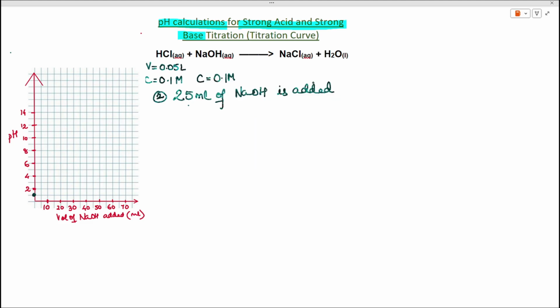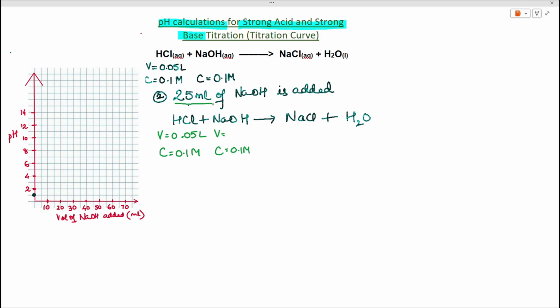So now we are taking the second part where we are adding 25 ml of NaOH to HCl, and the concentration of NaOH given to us is 0.1 molar. And because the volume of NaOH added is 25 ml, in liters it's going to be 0.025 liters.